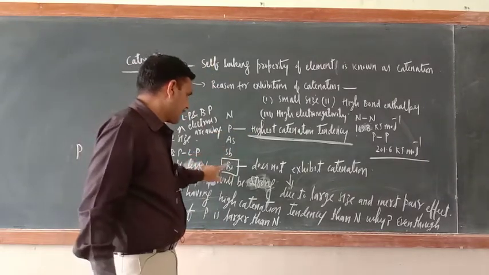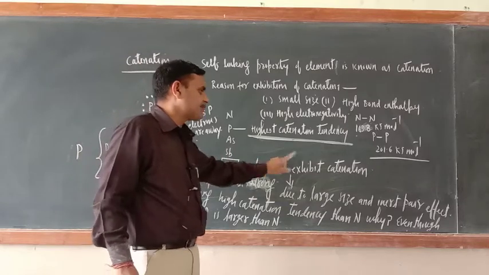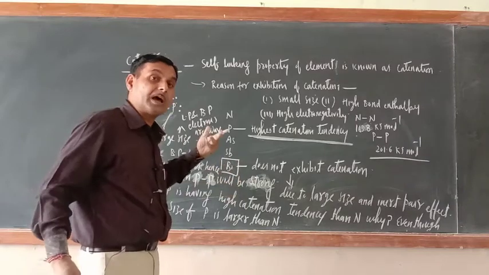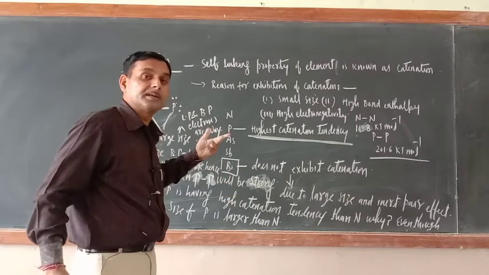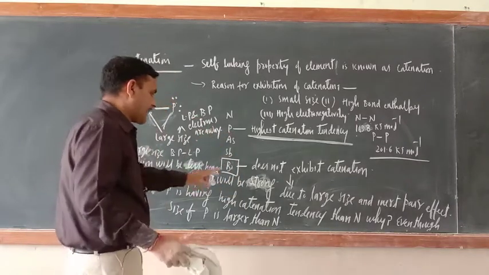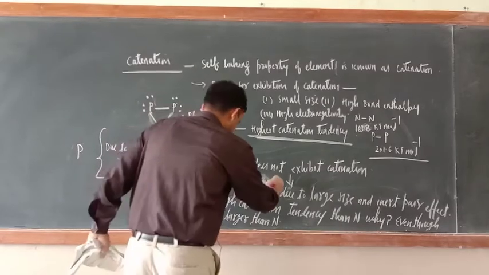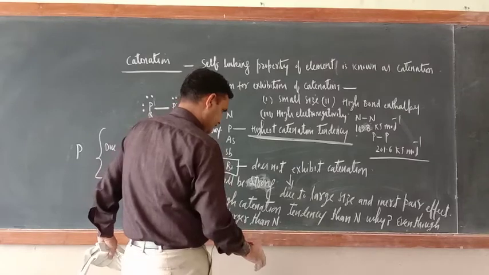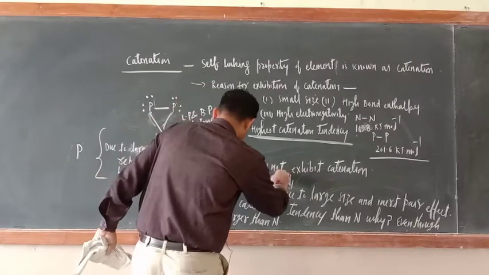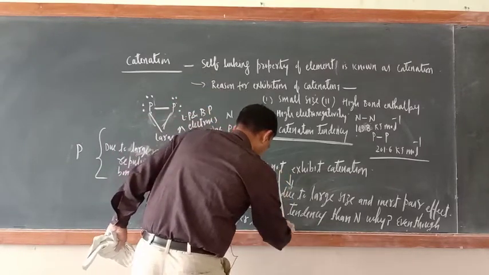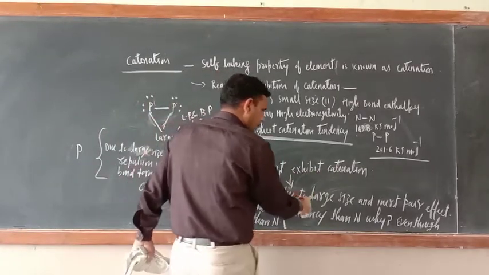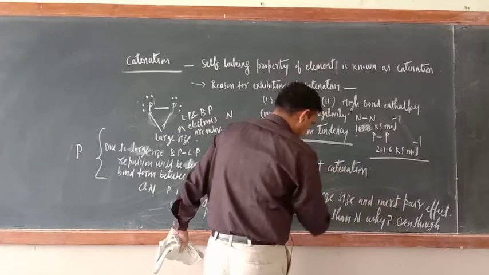Now listen here, bismuth does not exhibit the catenation. Why? Actually their size is large enough, so it should have shown the catenation property. But remember, here answer also I wrote, just see. Up to here only, does not exhibit catenation due to large size and inert pair effect.